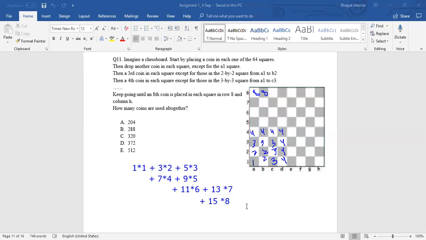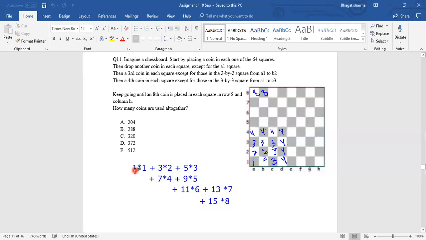So this is the pattern: 1 coin, 2 coins, 3 coins, 4 coins, 5 coins, 6 coins, 7 coins, and 8 coins. And the first term tells you the number of squares covered with this many coins, right?